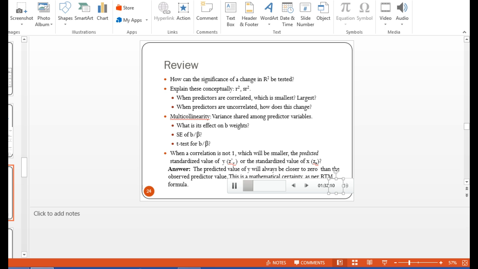R squared and semi-partial squared are very similar in the sense that they're both effect sizes, but they measure slightly different things. So when we have an R-squared, that just means the proportion of variance explained in a y variable or outcome variable by our predictor variable. So it's for the bivariate case, and remember that's just two variables.